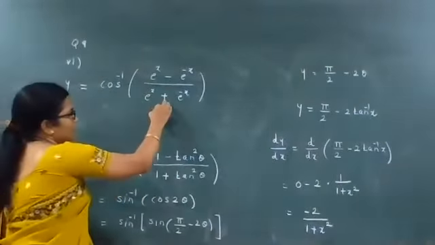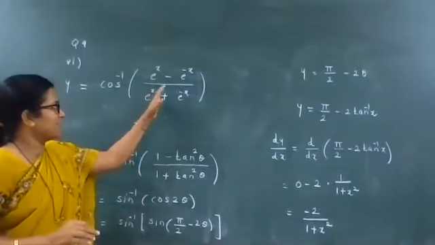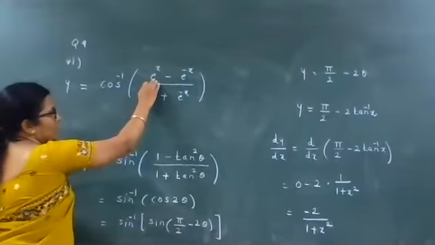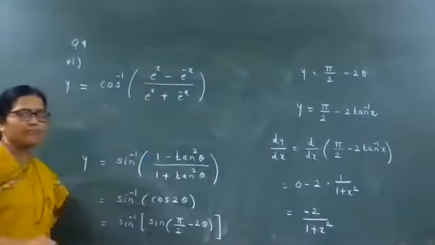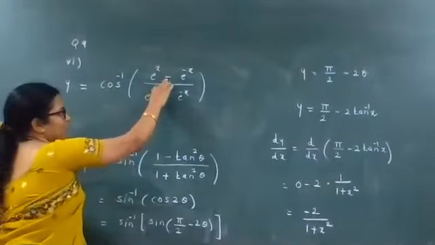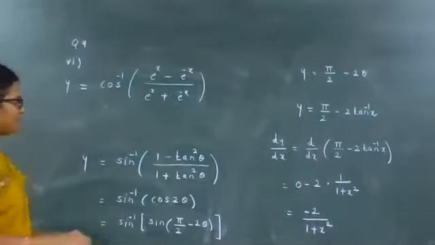So we have to make use of the trick here, so that we will get in the numerator 1 minus the variable term, and in the denominator 1 plus the variable term. So I should divide numerator and denominator by e raised to x, or I should multiply numerator and denominator by e raised to minus x.